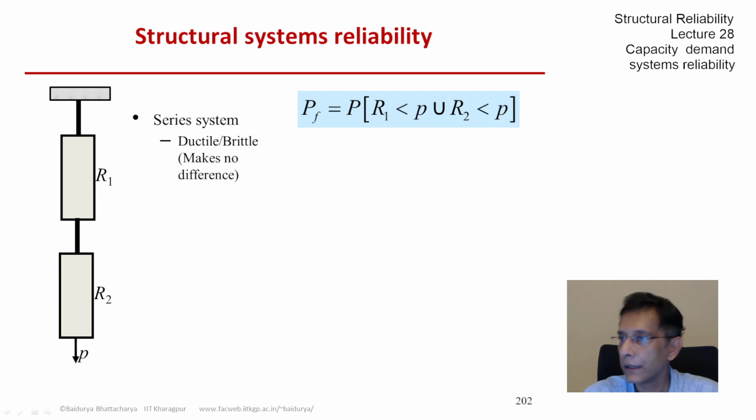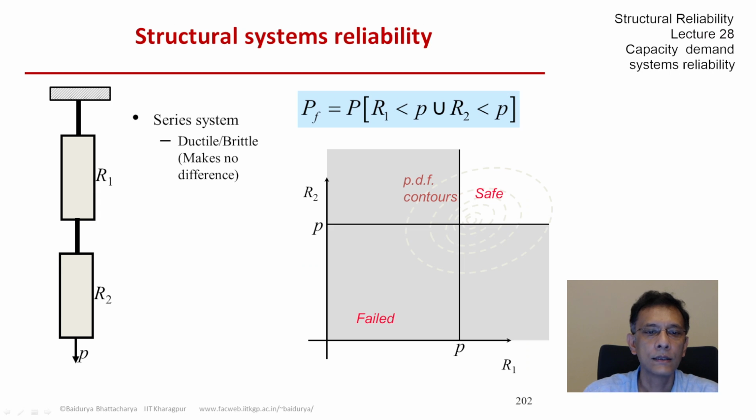The system failure is either of them, the first unit or the second unit, not being able to carry the load. So R1 less than P or R2 less than P, and the system failure probability is P of R1 less than P union R2 less than P. We could also write the reliability function as 1 minus P of R1 greater than P and R2 greater than P using De Morgan's law.